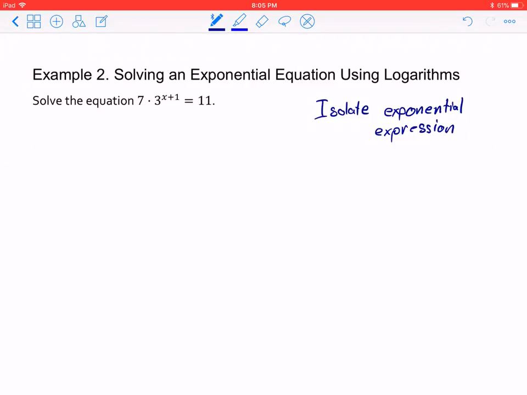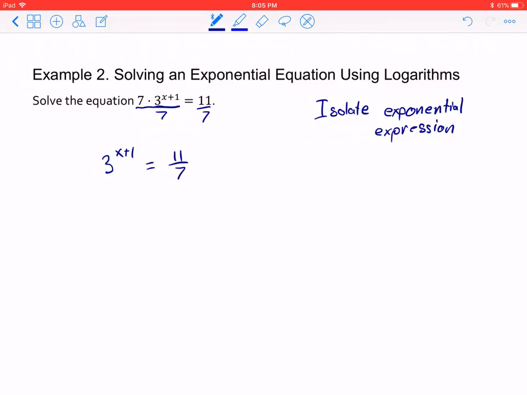Or more specifically, the exponential function is just this 3 to the x plus 1. So the 7 is being multiplied by it, and then the 11 is on the other side. So what I'm going to do first is just divide both sides by the 7. So if I divide both sides by 7, I have 3 to the x plus 1 is equal to 11 over 7. Okay, still no matching bases possible.